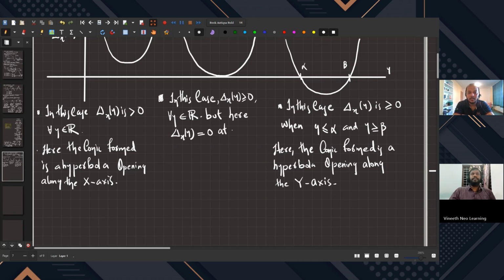At y equal to y0, where y0 is an arbitrary number. We can just name it in the graph.